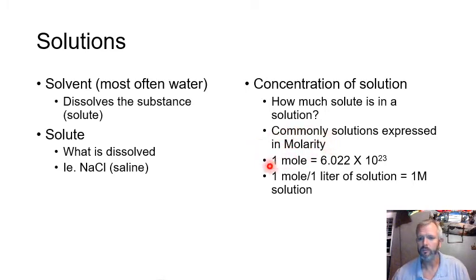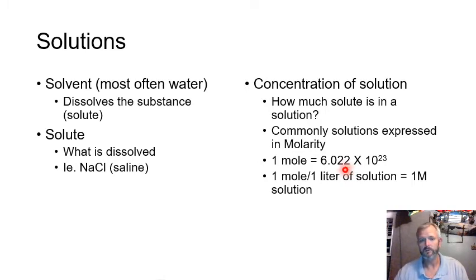You'll see a term 1 mole. 1 mole is 6.022 times 10 to the 23rd power. So many molecules. So if you have 1 mole of oxygen, in that 1 mole of oxygen, you will have this number of oxygen molecules.